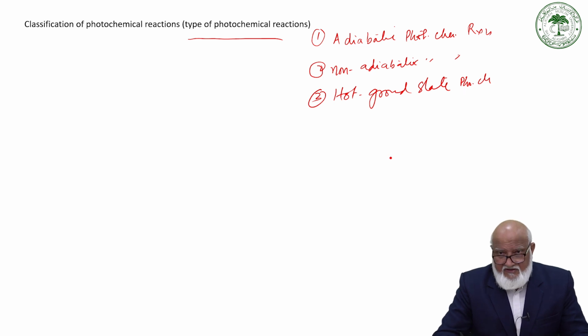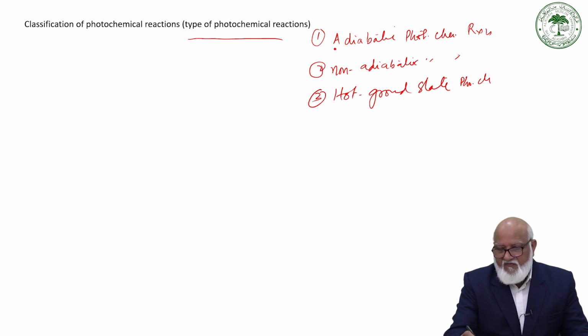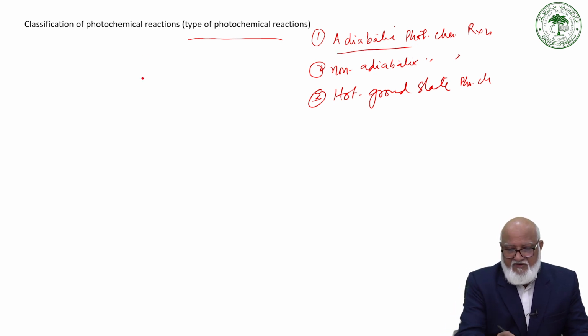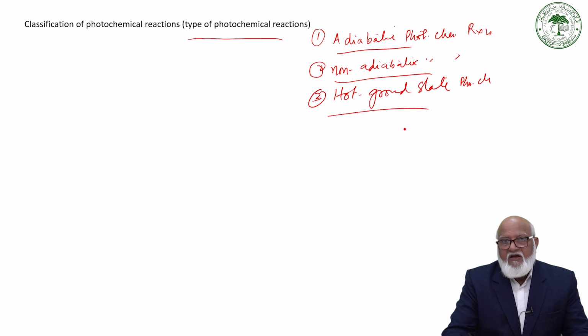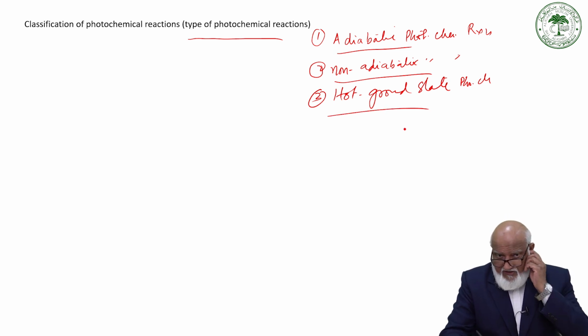Now these are the three different types of photochemical reaction, which have been classified based on the excited state and the ground state potential energy curve.